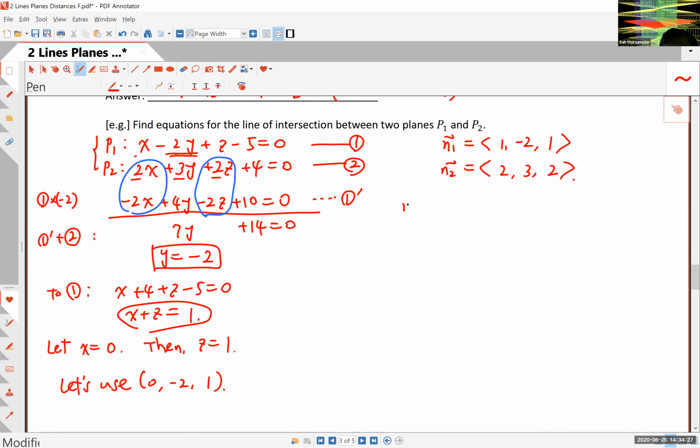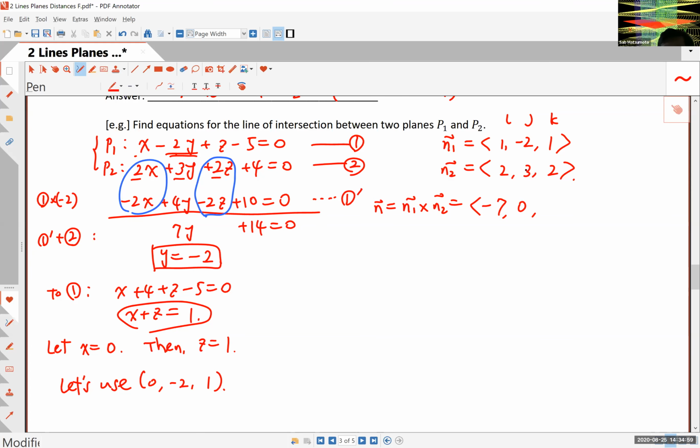All right, now we need a vector that is perpendicular to both normals of P1 and P2, and that is a vector parallel to the line of intersection, and that's simply this. I've written it this way. You can imagine i, j, k here if you have to. You shouldn't have to. Anyway, what is that? -4 minus 3, that's -7. And then the next one is, remember, negative of 2 minus 2, that's -0, otherwise known as 0.